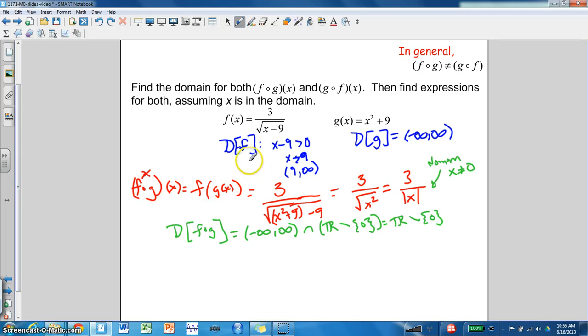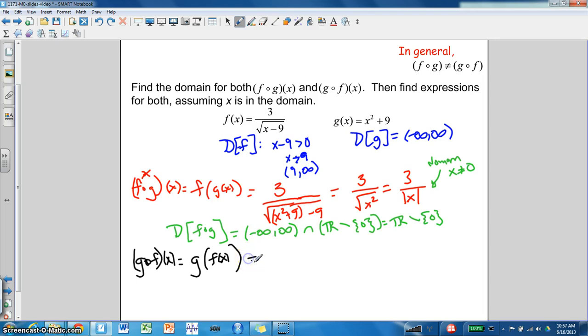Now, doing the other composition, I'll do that in black. So I'm going to do g of f of x. And so this is saying into the g function, I insert f of x. So let's see, g is x squared plus 9.